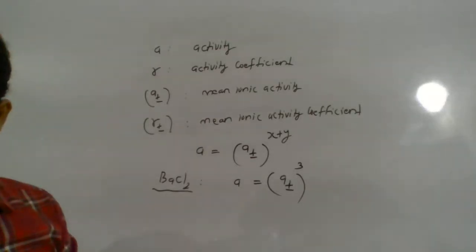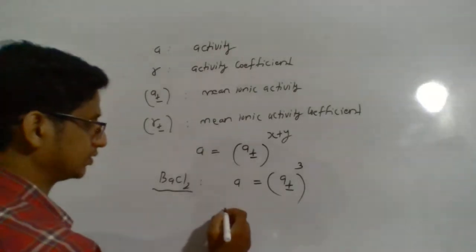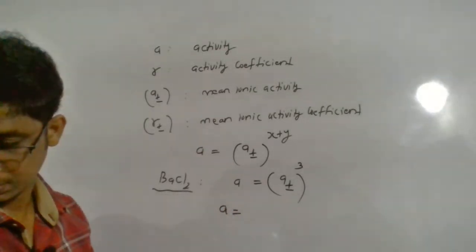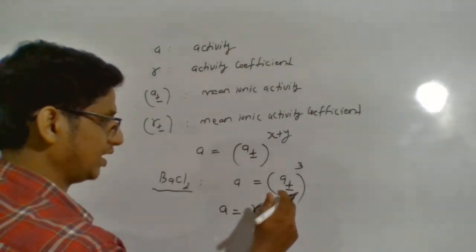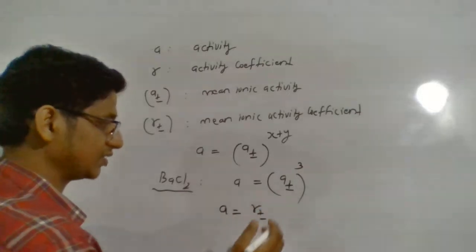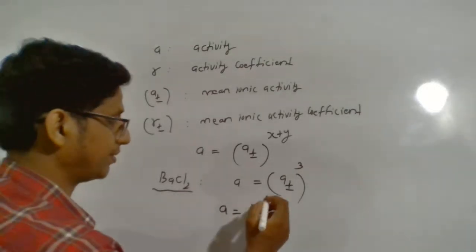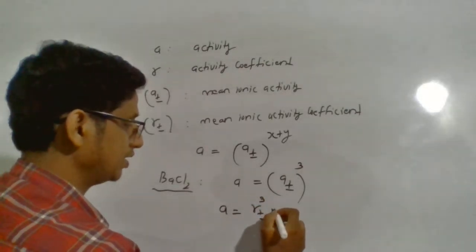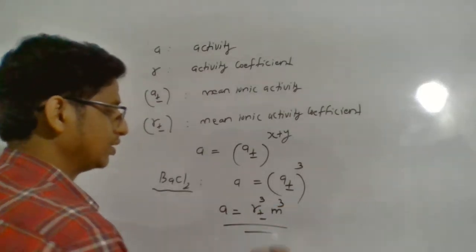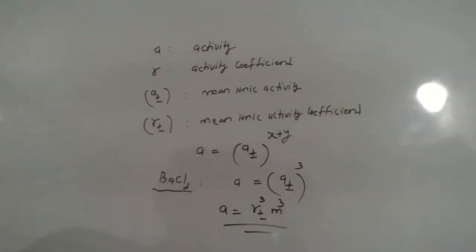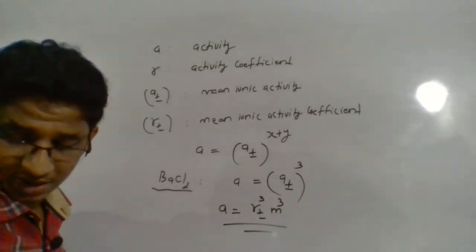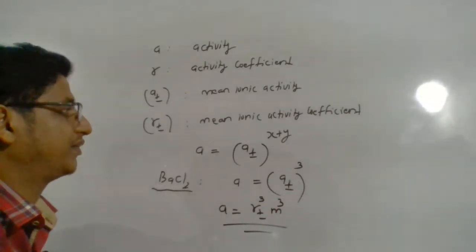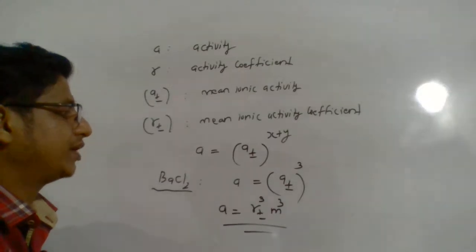We know a is equal to gamma plus or minus, and we can write a is equal to gamma m. So in that way, gamma plus or minus whole cube into m raised to cube. That will be the activity of a particular electrolyte that we are talking about, having x moles of cation and y moles of anion.